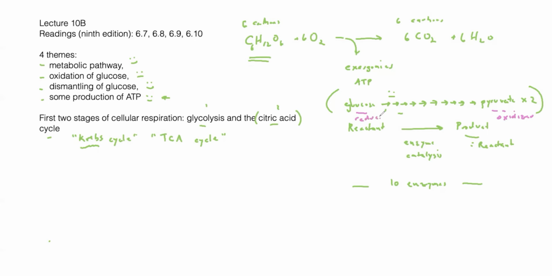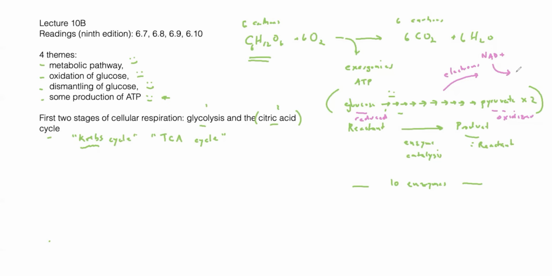Which means that electrons have to be coming away from the glucose. We have to have electrons being put onto some type of electron carrier. And like we pointed out in the previous video, we've got this NAD plus, which is an electron acceptor.